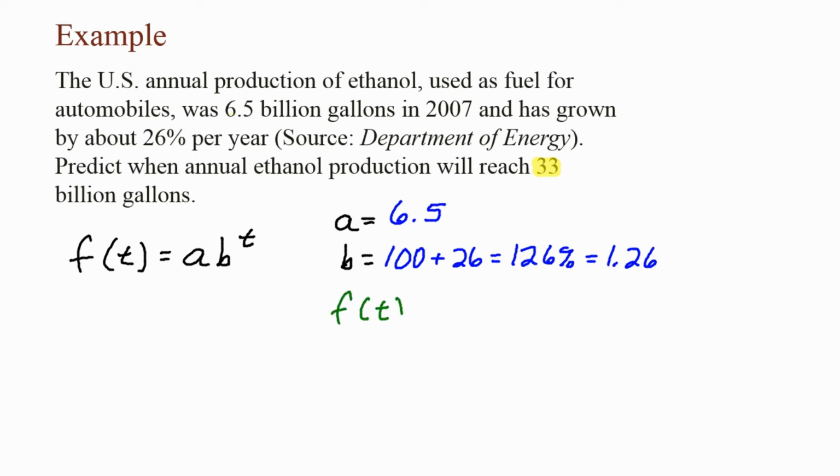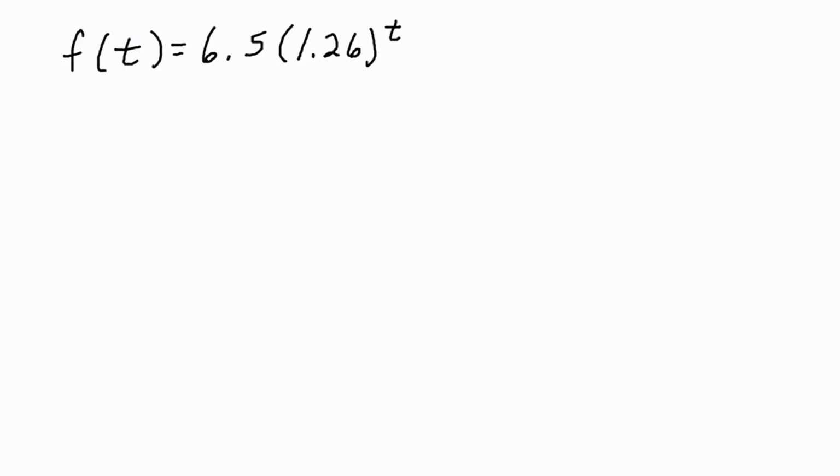F of t will equal 33. So that's what we'll substitute once we've found our equation. Given what we know about a and b, f of t equals 6.5 times 1.26 to the t power. So now we're ready to do our math. We want to find t when f of t is 33.